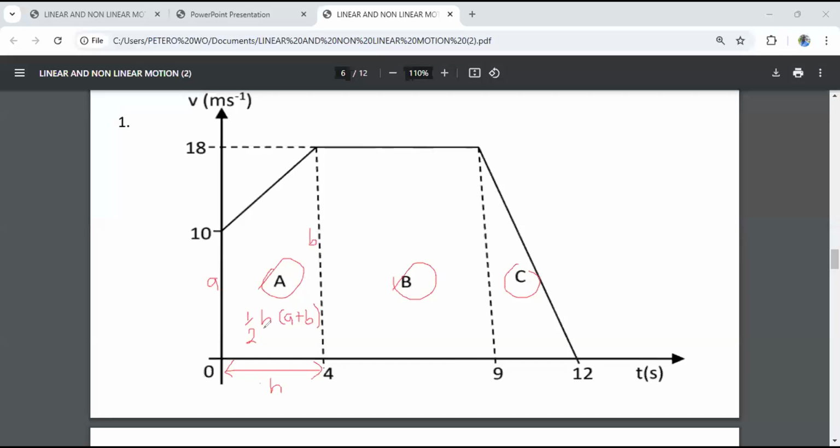So area of A can be got from a half times H, A plus B. Then for B, which is our rectangle, we have length times width.